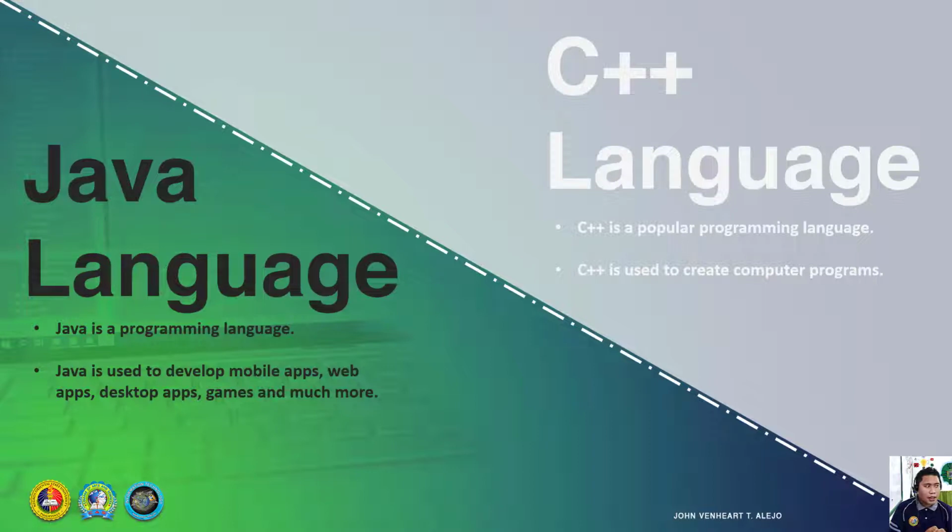Each has its intended programming language to create applications. Ug naa pod tay Apple, naay Leopard, Panther. I am not familiar with their OS because I am a Windows application user.